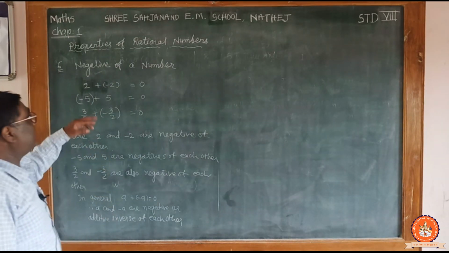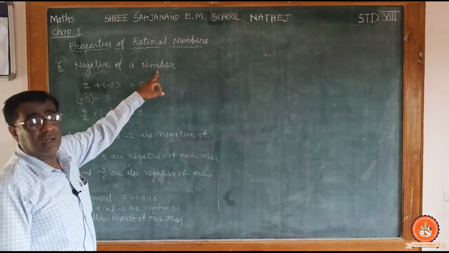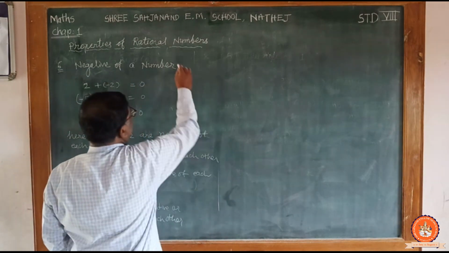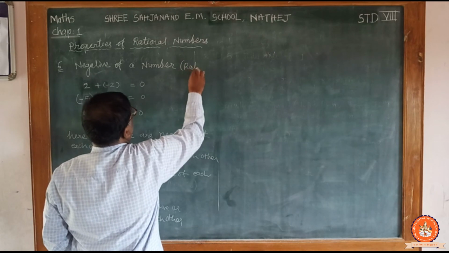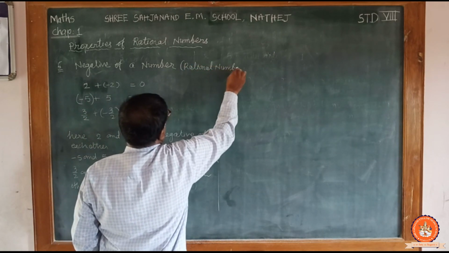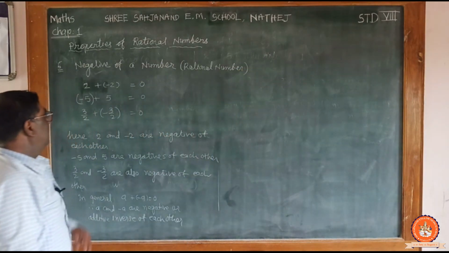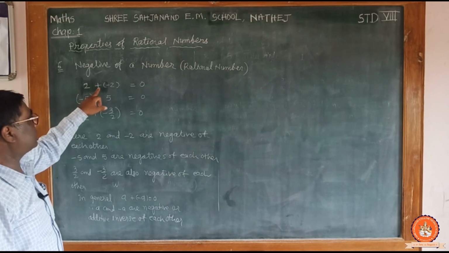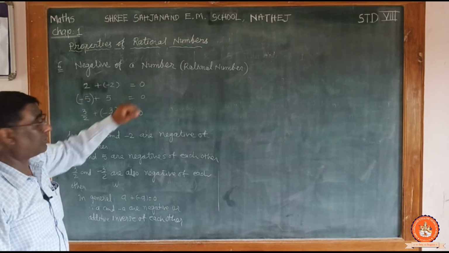Now, sixth property, negative of a rational number. See, 2 plus minus 2 is equal to 0.